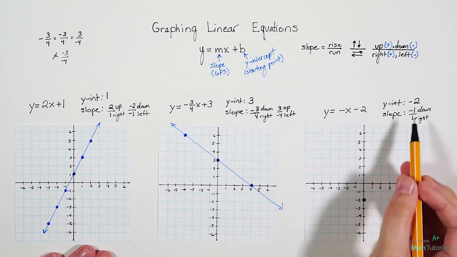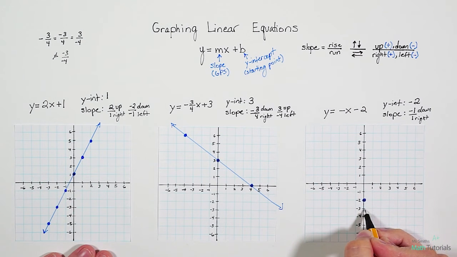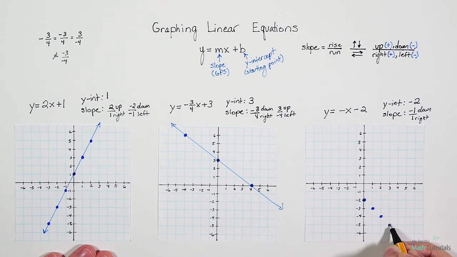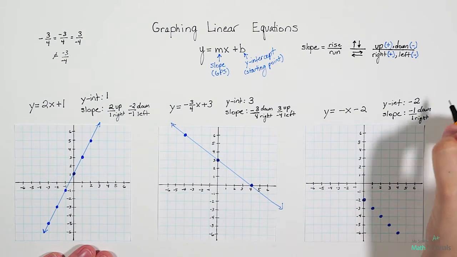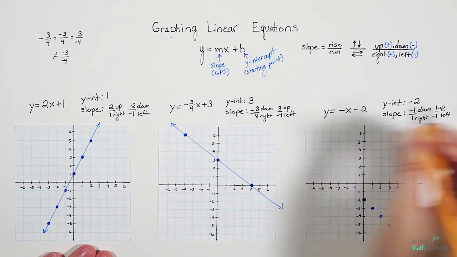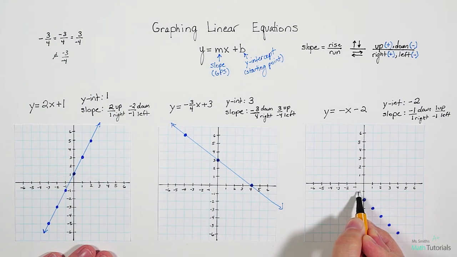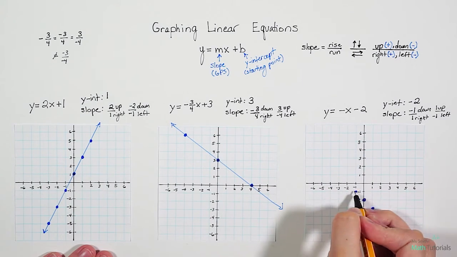And then how do we move from there? 1 down, 1 right. And then in the same way, we could also move 1 up and 1 left, from back at the starting point.